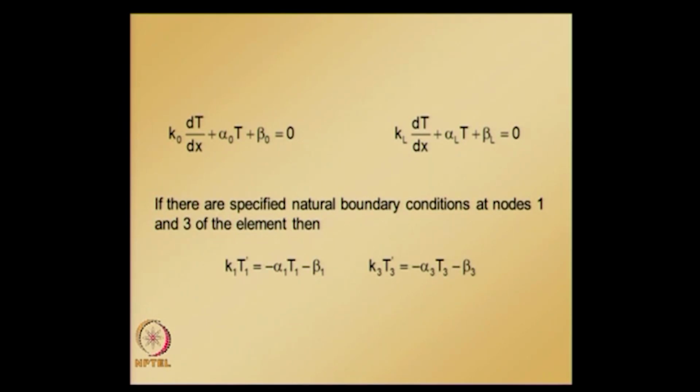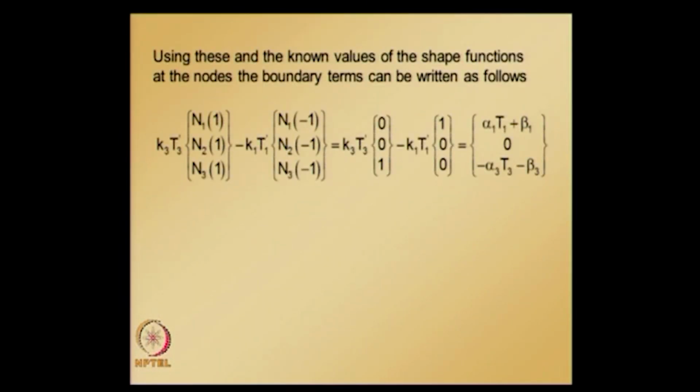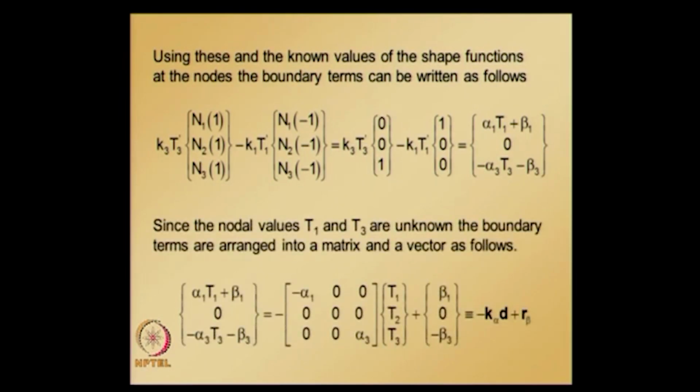So, substituting this into the previous equation using these and the known values of shape functions at nodes, the boundary terms can be written in the following manner. And which can be again rearranged, since nodal values t1 and t3 are unknown, the boundary terms are arranged into a matrix and vector form as given here.